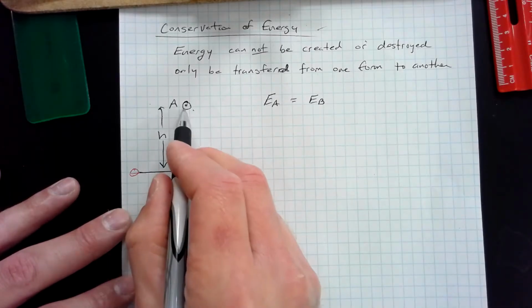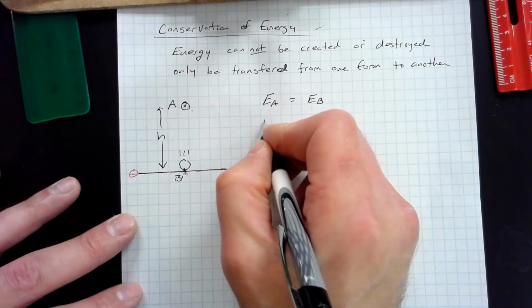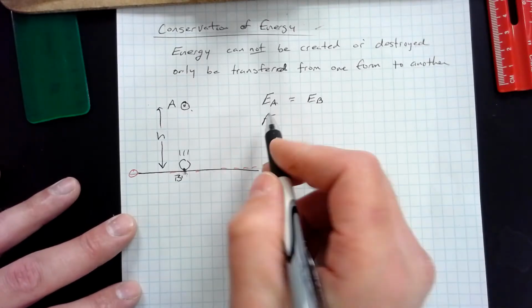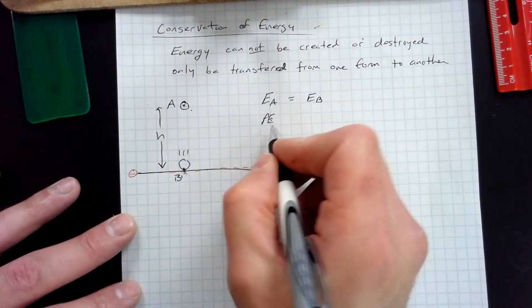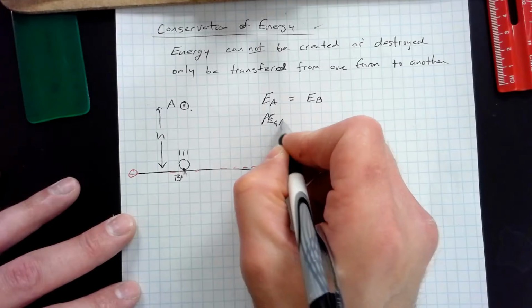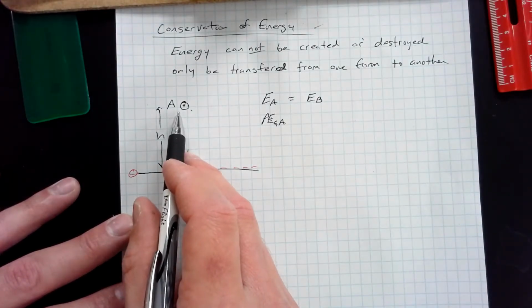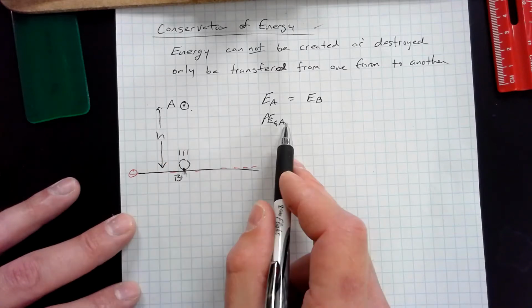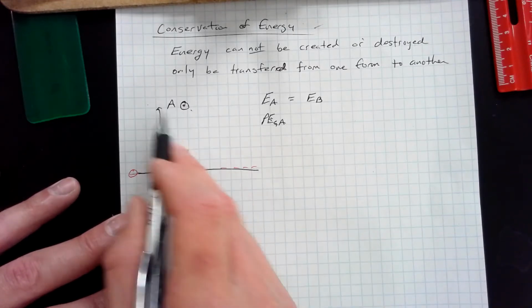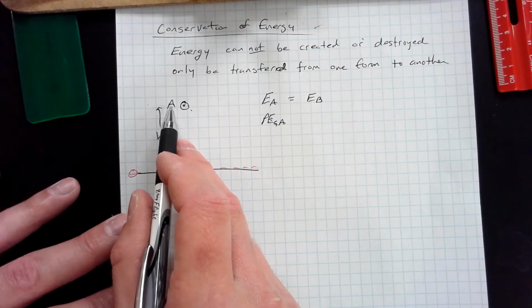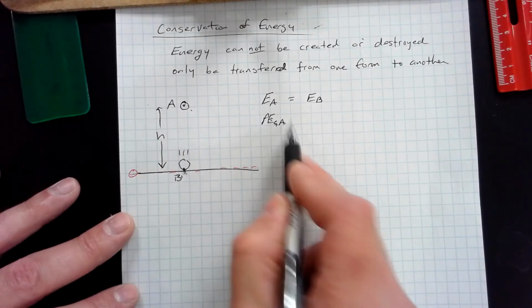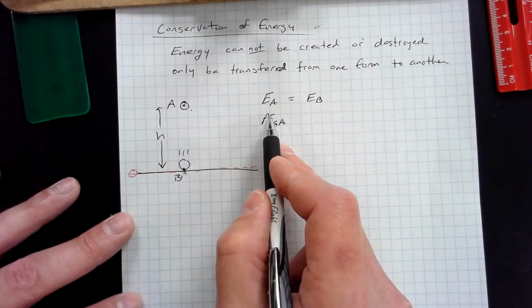So only potential here. I'm going to write it out long ways here as the potential energy due to gravity at point A. And the second question is, is it moving? No, you're holding it at rest. So there's no kinetic energy. Is there a spring compressed or stretched at that location? No. So there's only one form of energy that you said yes to at point A.